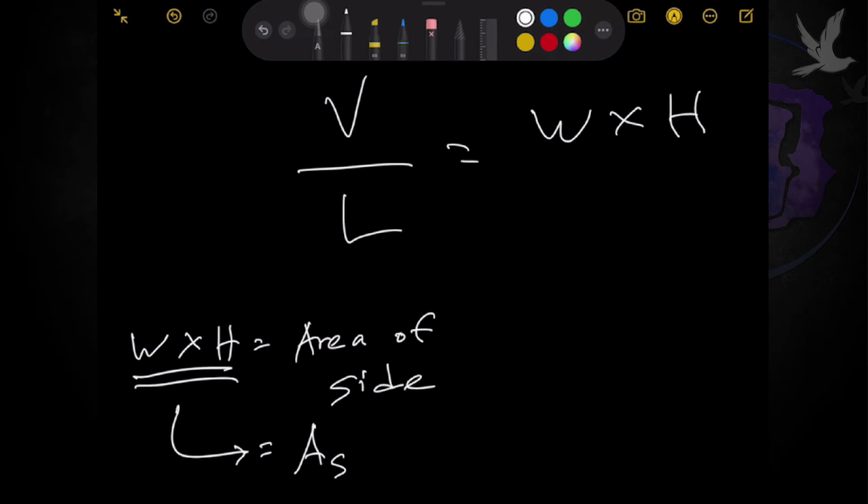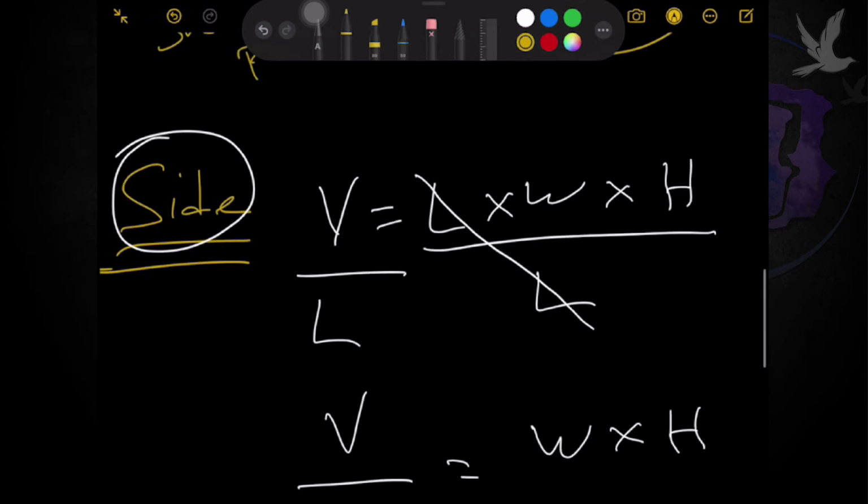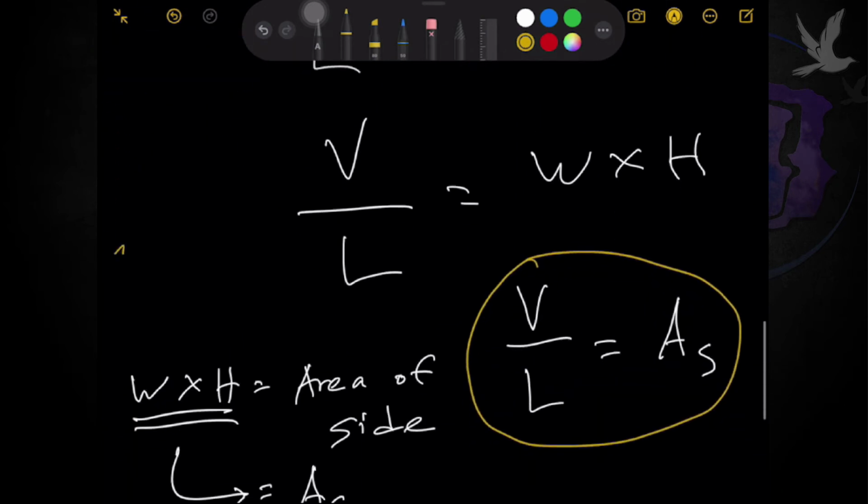So, rewriting this formula, we have volume over L equals area of side. So, which means if you are solving for side shaded part, we're going to make use of this.